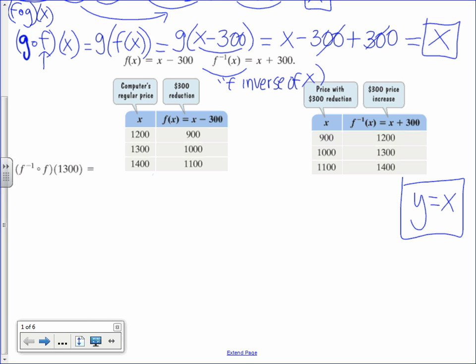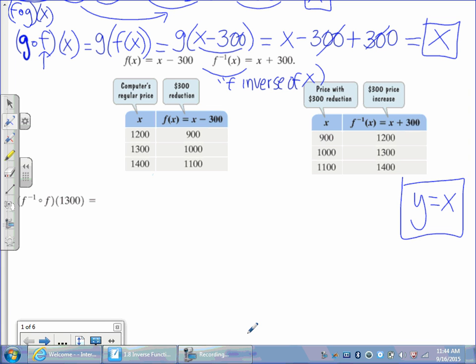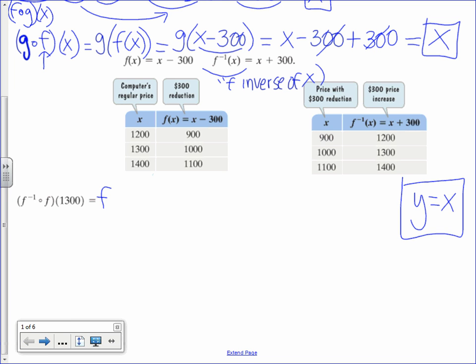So if we do an operation like the ones we were doing before, let's see. This will be f inverse of f of 1300. Remember, the second function is the one that goes inside.